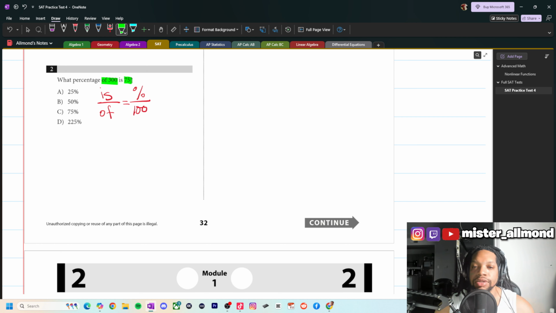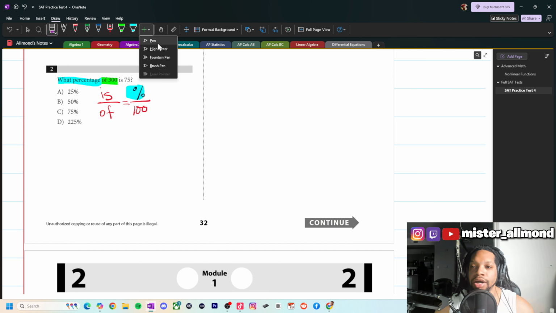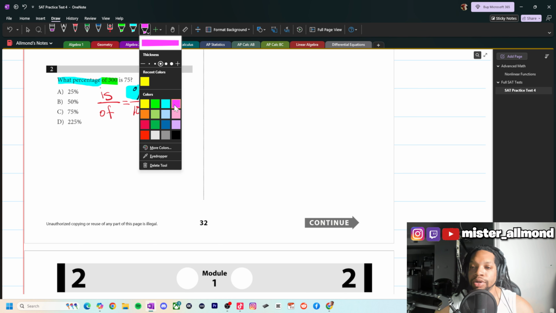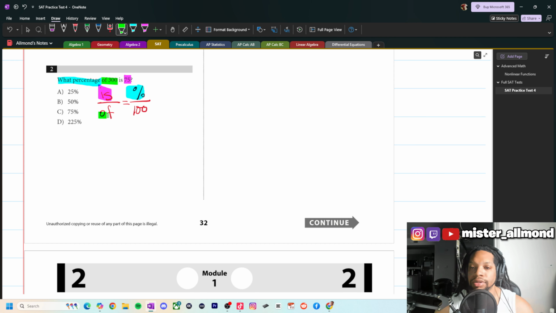Your percent or your is right there, and then you just solve for what percent. So I'll do it like that. And then actually, if I'm color coding this correct, I should probably do it like this. Watch. I'm going to add another highlighter. You really just got to match the words up. And then you just solve for whatever you need to solve for.